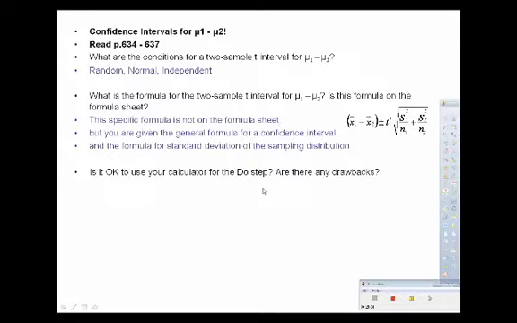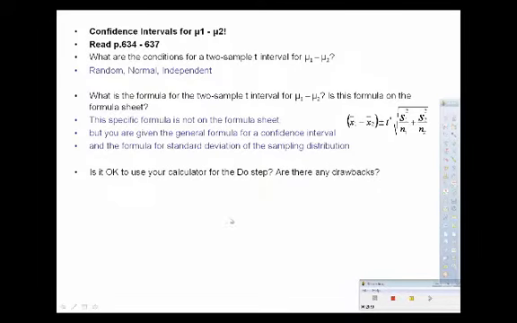This specific formula is not on the formula sheet, but you are given a general formula for the confidence interval and the formula for the standard deviation of the sampling distribution. So you're given the general formula, and you're given this formula for the standard deviation. So you just have to know to put them together.